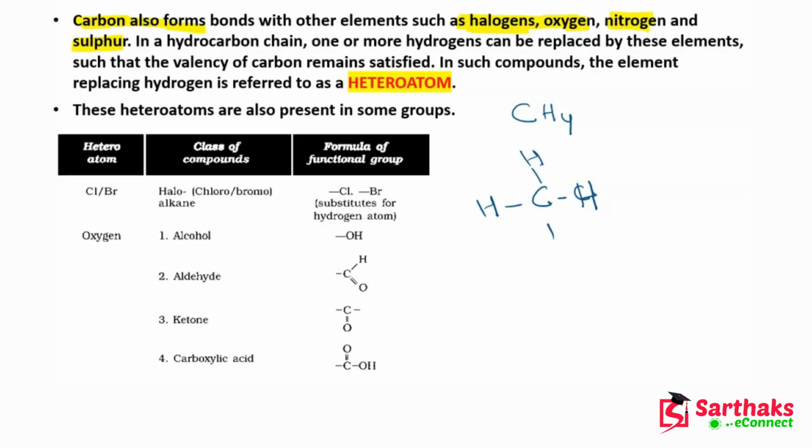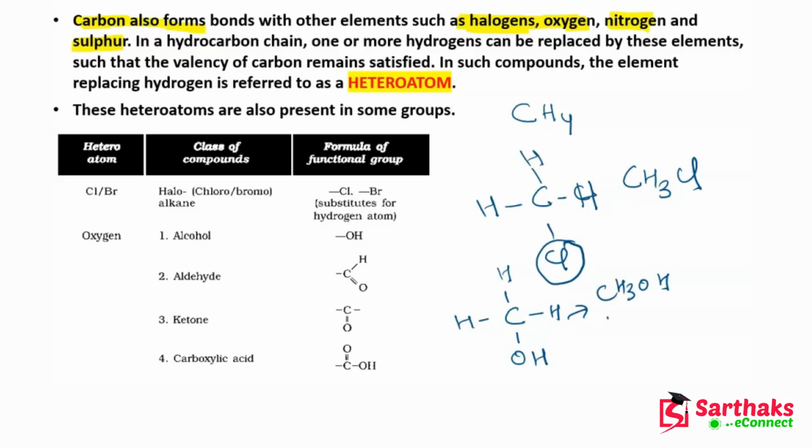This hydrogen is replaced by a chlorine atom. So this will become CH3Cl. So here, what is this chlorine? This chlorine is a heteroatom. Now let's suppose this hydrogen is replaced by OH. This is alcohol, and when hydrogen is replaced by this OH, this will become CH3OH, which is methanol. I hope guys this point is clear to you.